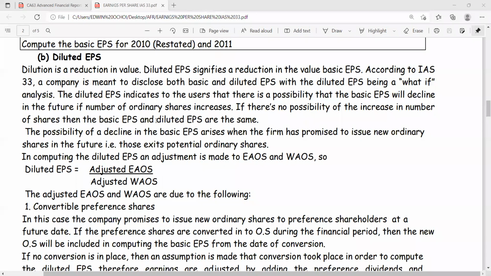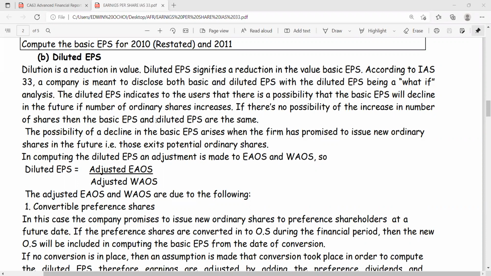I will do the calculations later and we will understand what is supposed to be done when you are given convertible preference shares, a convertible loan stock under diluted, and at the same time share options and warrants.